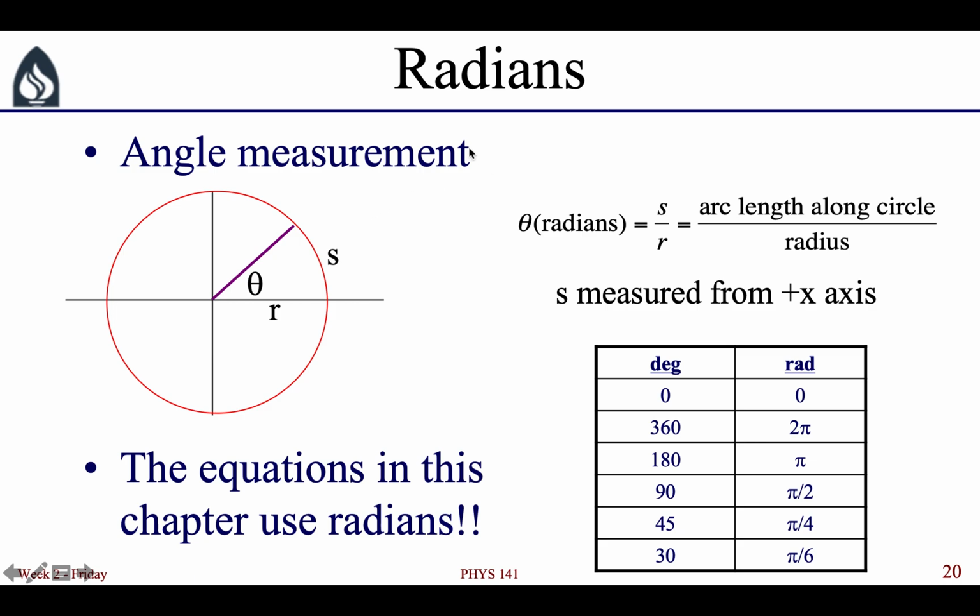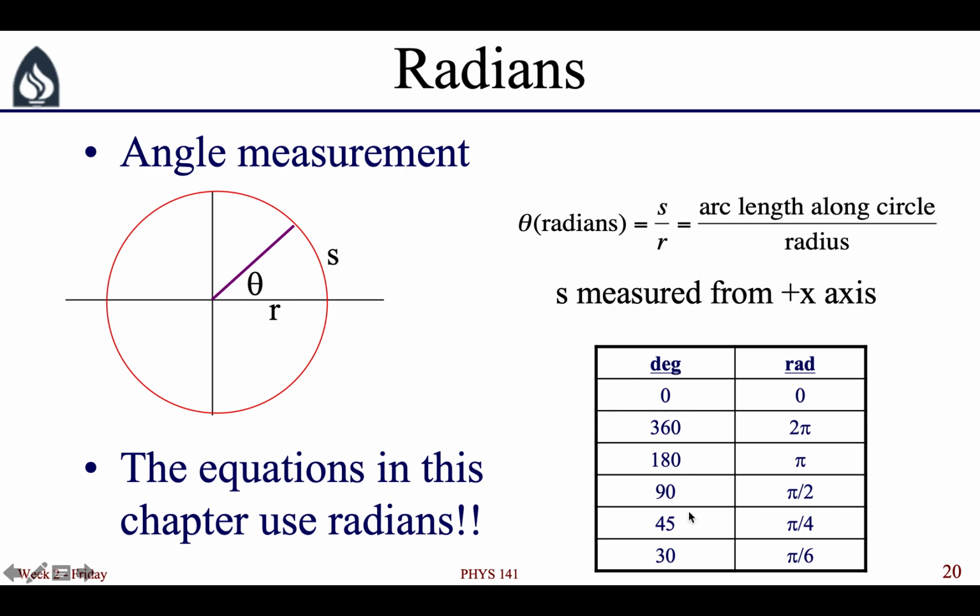Radians are a way of measuring angles, and the angle in radians is equal to the arc length along the circle divided by the radius out to that point. So if we wanted to find this angle in radians, we could take this arc length and divide by the radius of the circle. These radian angle measurements generally are measured from the positive x-axis in the counterclockwise direction.